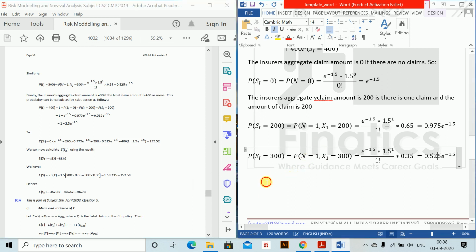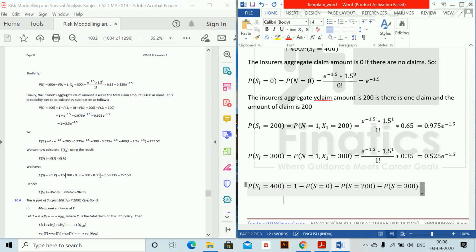Okay, and then last is the probability of S_I equals 400, which is equal to 1 minus the probability of S equals 0 minus the probability of S equals 200 minus the probability of S equals 300.